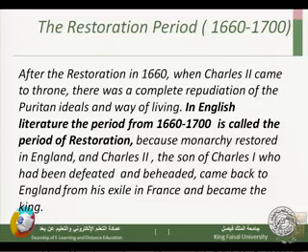This person, Charles II, came back to England from his exile in France. He was living in France as an exile, and again he became the king of England at that time.